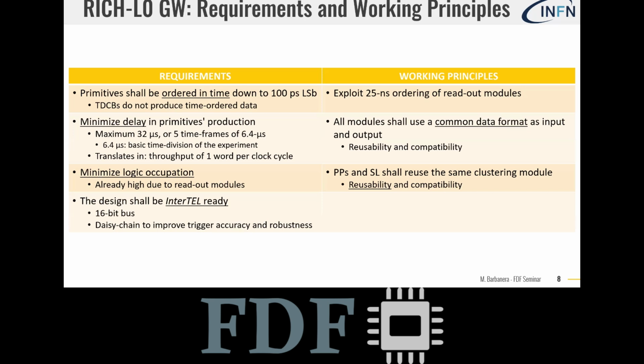Translated in FPGA words, it means that all of the modules of the gateway should have a throughput of 1 word per clock cycle, and that the algorithm should be as fast as possible. The other thing is that since the trigger algorithm is inside the TEL62, which is shared also with the readout modules, the logic occupation should be as minimal as possible.